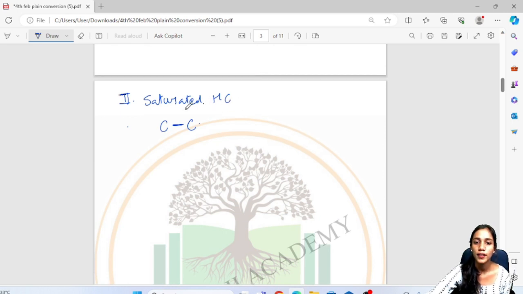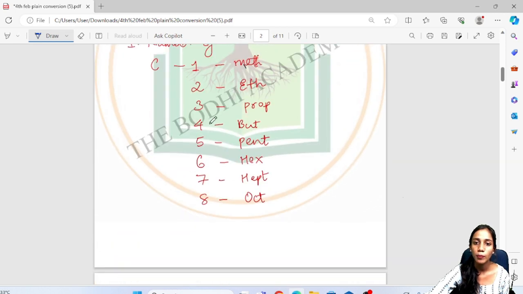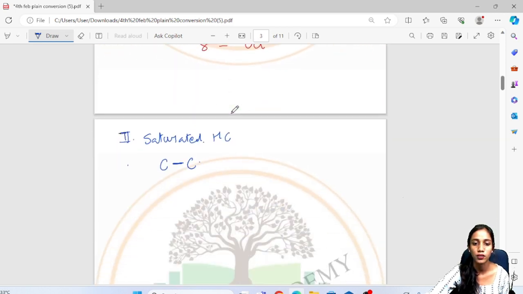For saturated hydrocarbons, this base word will have a suffix, and the suffix is ANE.